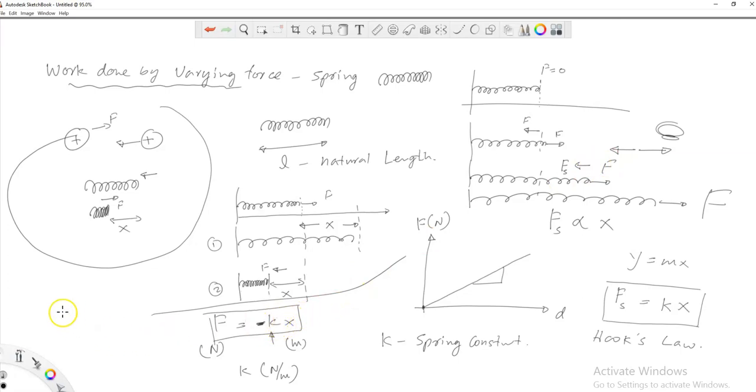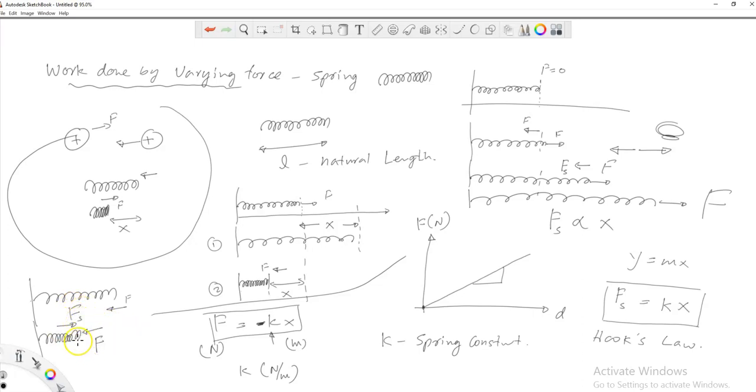Now it's the same situation if you try to compress a spring. So here's the spring at its natural length, and then you apply a force this way and you compress it. So here's the force you apply, here Fs, the spring is pushing back.